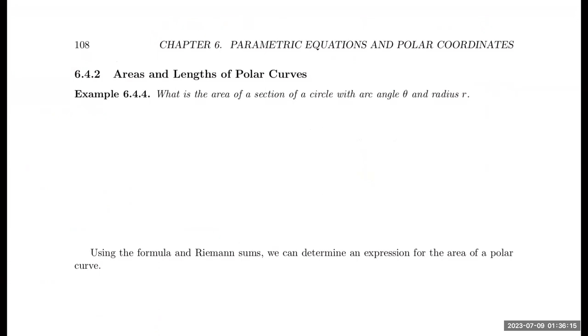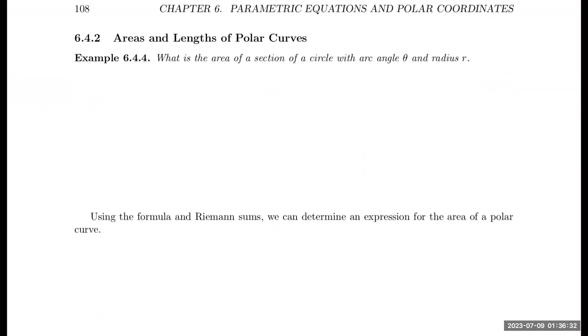So let's say we want to find the area and the length in polar curves. Let's say, what is the area of a section of a circle, a sector with arc angle theta and radius r? So let's have a look at that. We have a circle. We could break this up.